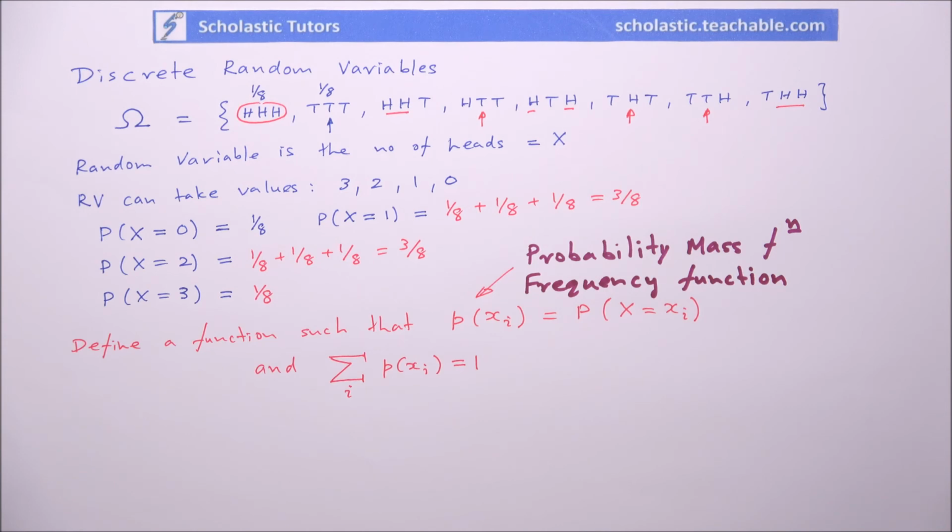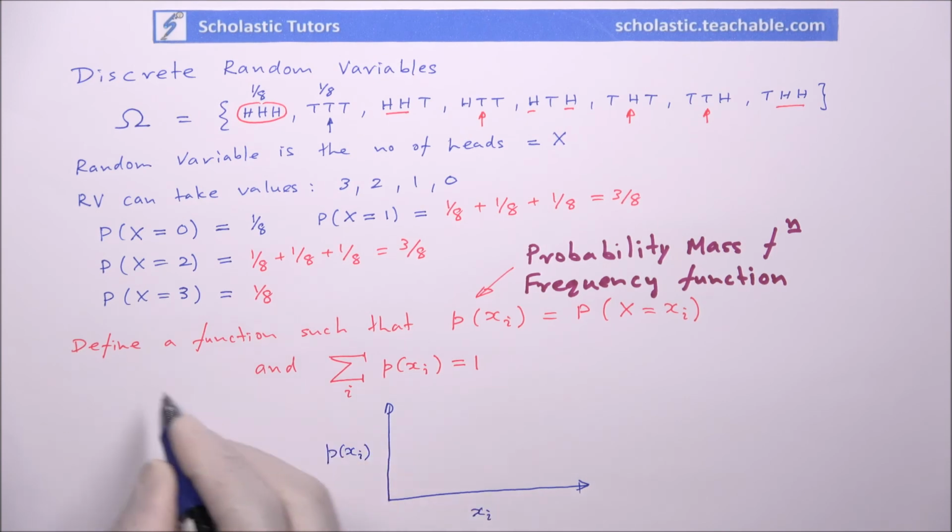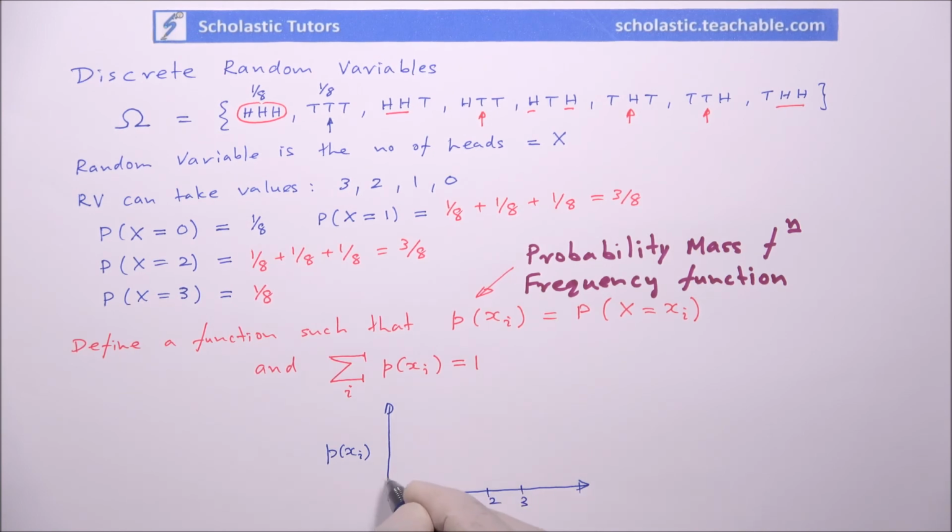Let's draw a simple graph to show how it normally appears. You might see something like this, and the axis is xi, and this is p(xi). This is the function p(xi), which is called the probability mass function, with values 0, 1, 2, 3. The probabilities can be decimal values, or we can just put them as they are: 1 over 8, 2 over 8, 3 over 8.